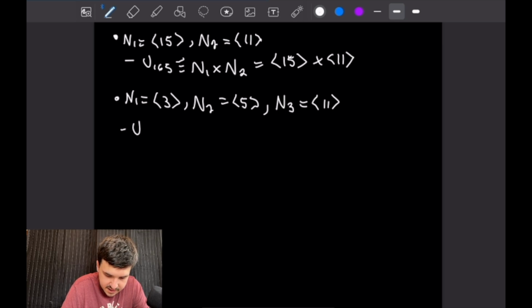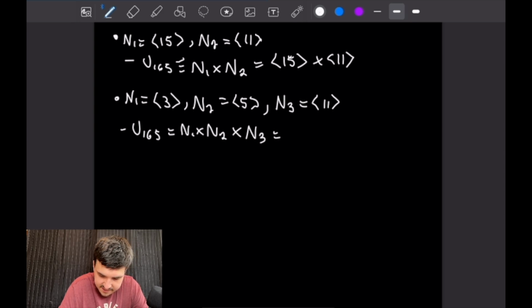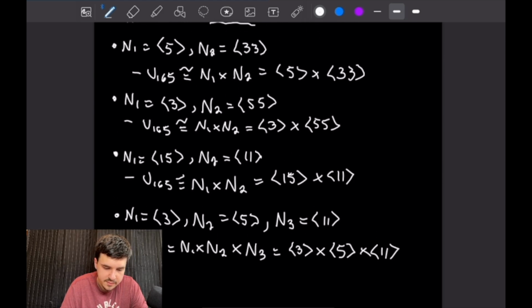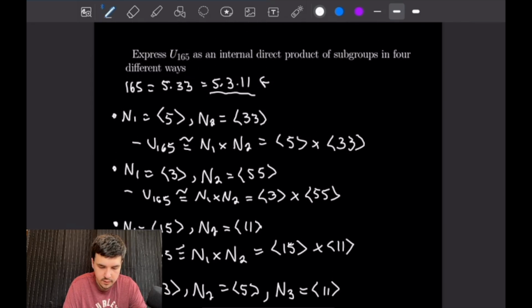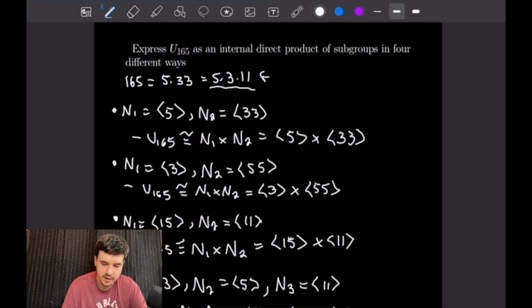And so then we'll see that U165 is equal to N1 cross N2 cross N3. Or in this case, it'll be the set generated by 3 cross the set generated by 5 cross the set generated by 11. Great. And you can count them and see that we have written this in 4 different ways as the internal direct product of subgroups. So that finishes this last problem off, and that's a good place to stop.